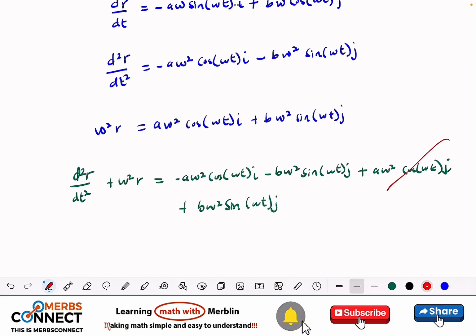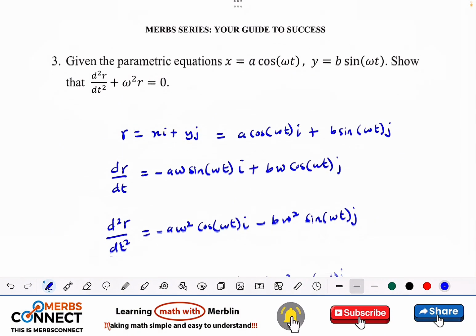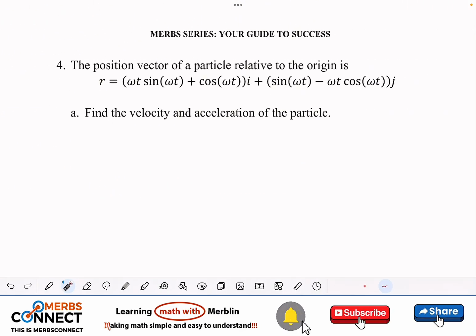We can see that this is the same as this, and this is the same as this. So this is going to give us a big zero, which shows that indeed it is equal to 0. Good. So I'll leave question 4 for you to do and leave your answer in the comment section.